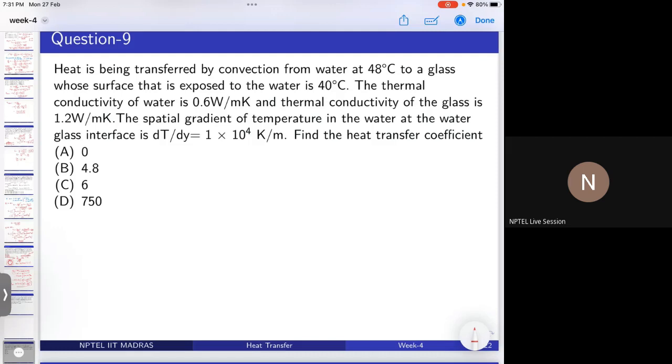The thermal conductivity of the water is given, the thermal conductivity of the glass is given, and the spatial gradient of temperature in the water at the water-glass interface is also given, and we have to find the heat transfer coefficient. What will we put? A heat balance, conduction equal to convection.